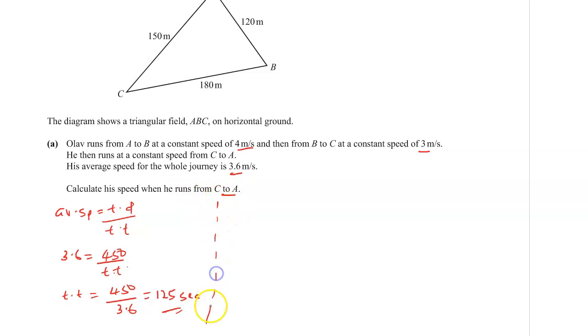So we know that time for AB, you can calculate that, is the distance, which is 120, divided by the speed from A to B, which is 4 meters per second, which gives us 30 seconds.